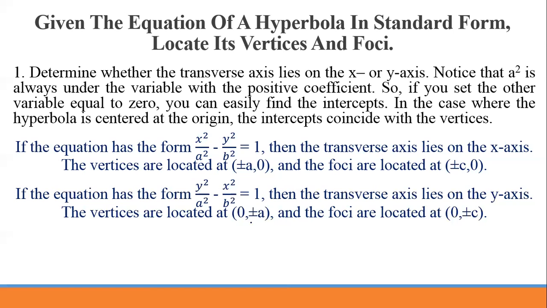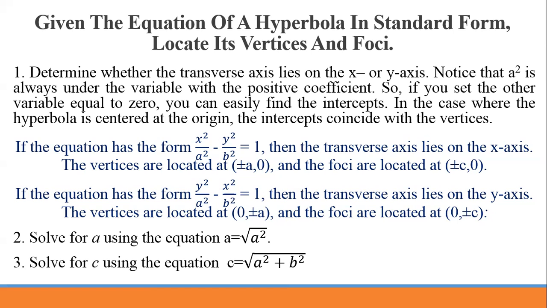And the vertices are located at 0 plus minus a, and the foci are located at 0 plus minus c. Okay? And second, solve for a using the equation a is equal to the square root of a squared. And for number 3, solve for c using the equation c is equal to the square root of a squared plus b squared. Alright?